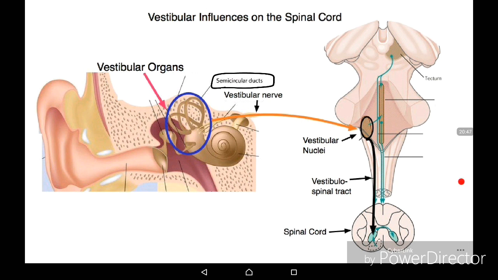We have 3 semicircular ducts in the three-dimensional world to be aware of the position of the head in space, and to analyze the velocity and the angle of movement if the head produces movements.